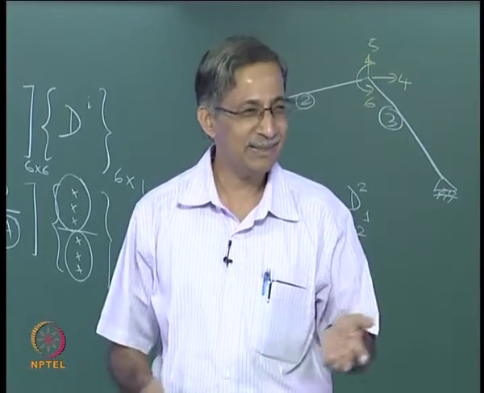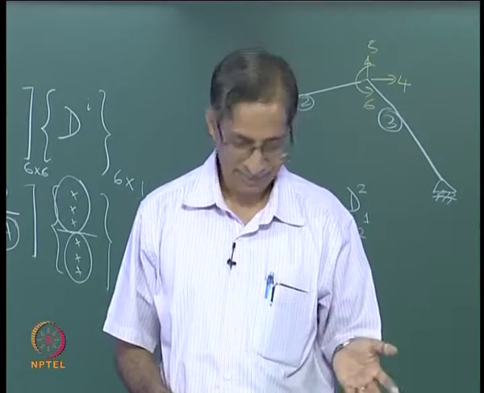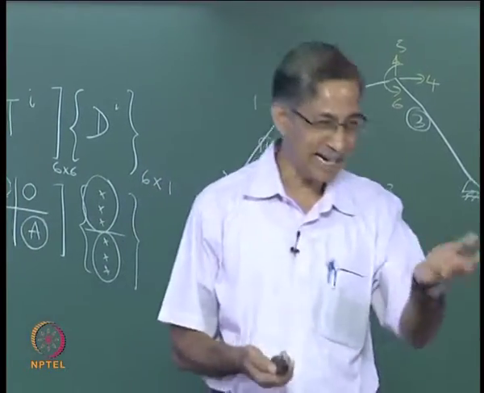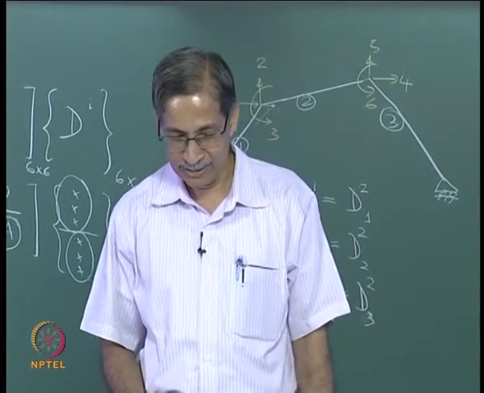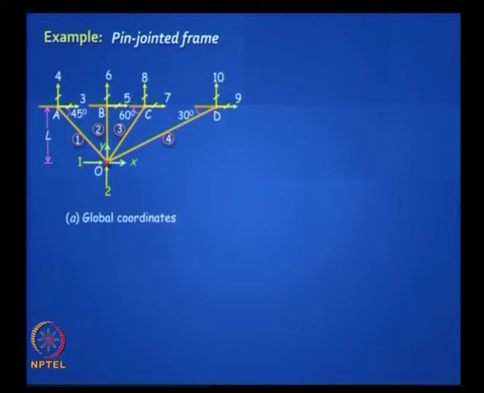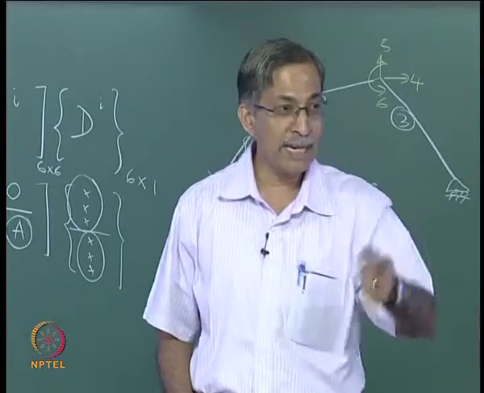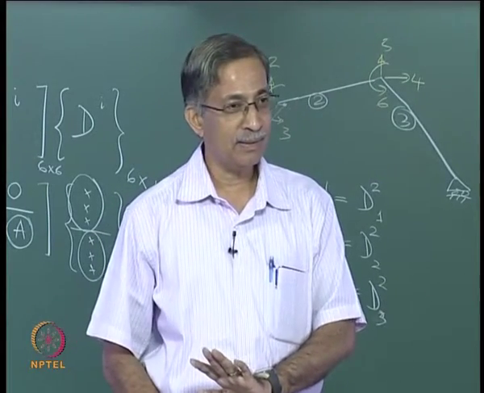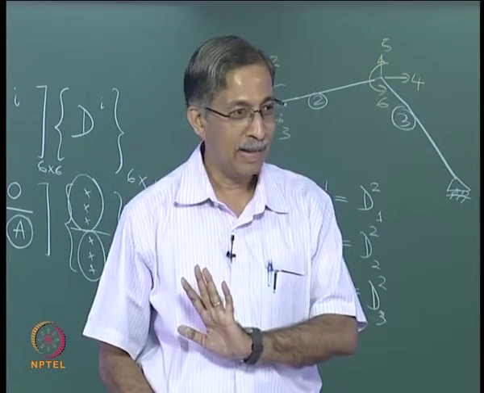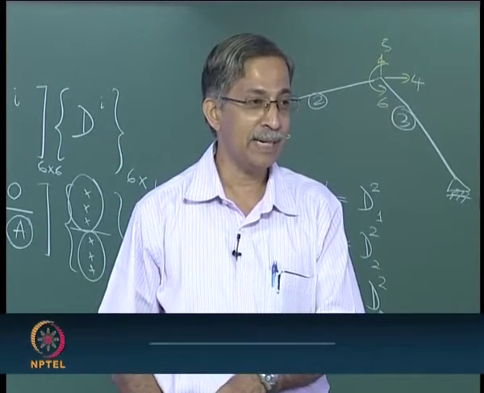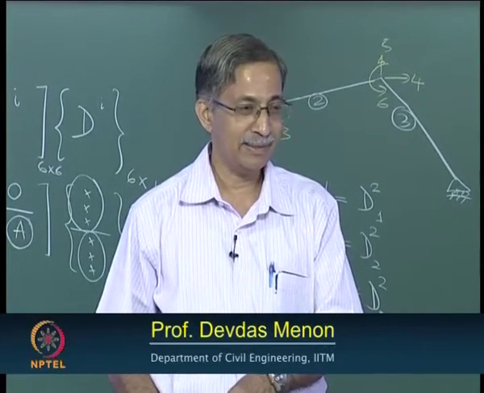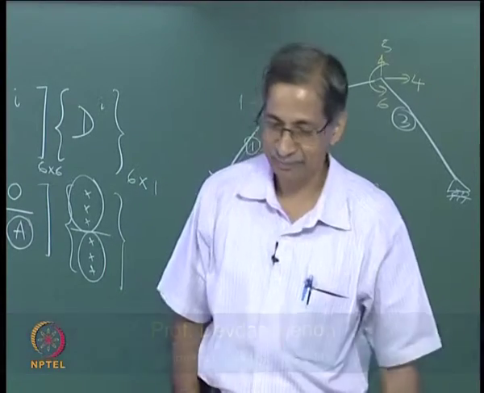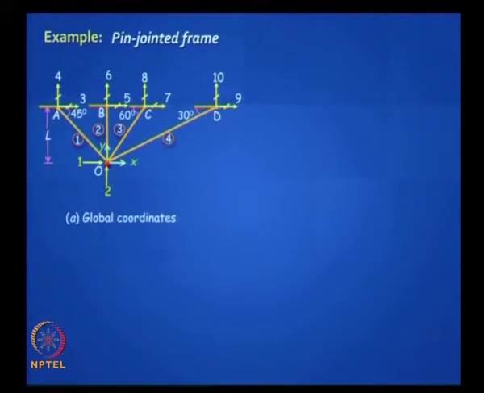But if they say it, you let go a little bit, doesn't matter, you will finally get the same answer. So don't be too rigid, let us accept what they say, let us say 3, 4, 5, 6, 7, 8, 9, 10, but we know that the reactions are not independent, but then you are bringing equilibrium. I am doing the stiffness method, I know only compatibility; until I bring in equilibrium I cannot say that the reactions are related. So let us leave it like that, this is fine.